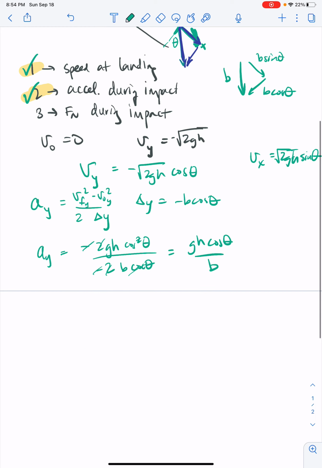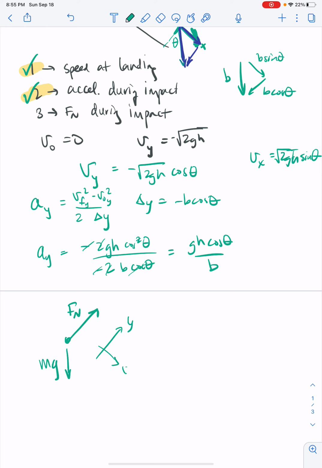Let's redraw the free body diagram that we drew in class on Friday. We've got the normal force pointing perpendicular to the slope, the gravitational force pointing straight down, and again, we're just going to consider forces along this y-axis. So our Fn y is just Fn, and our gravitational force along y is negative mg cos theta.